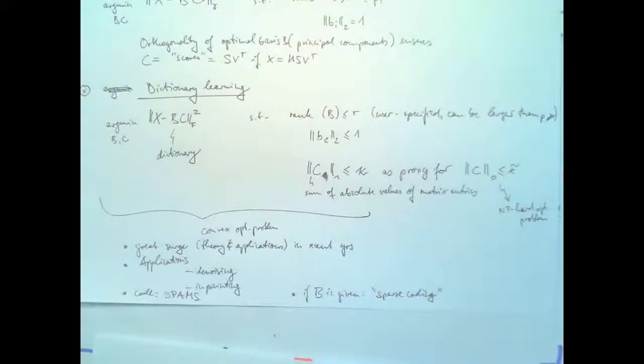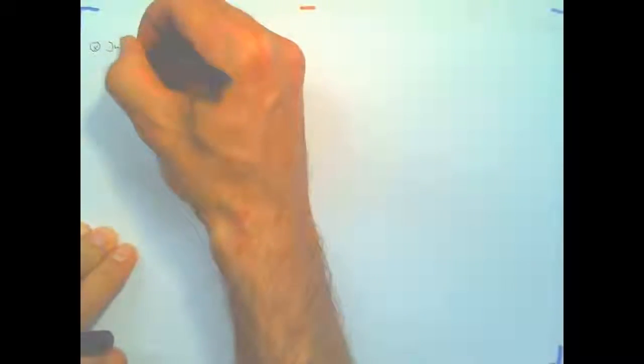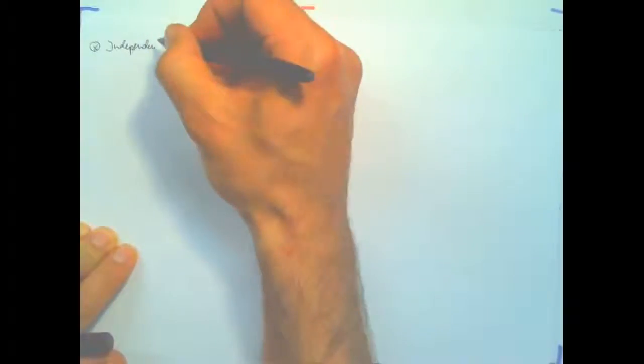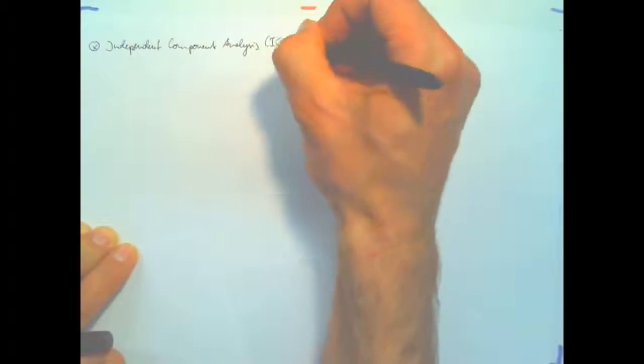Okay, and because we're almost out of time, I will only mention by name more methods that can be written as bilinear decompositions, namely independent component analysis, which capitalizes on the independence or assumed independence of the original signals.